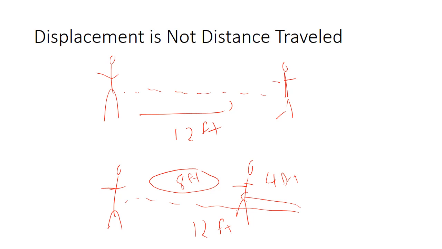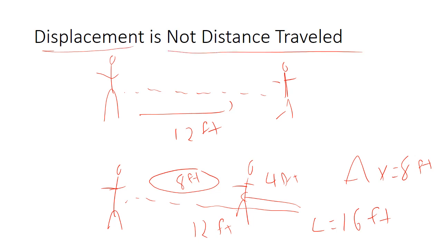The distance traveled is 16 feet. So in this case, delta x is going to be 8 feet, whereas the distance traveled is going to be 16 feet. We call it L for the length that you actually walk, so the distance traveled. So these are different quantities, and so do not mix up displacement and distance traveled.